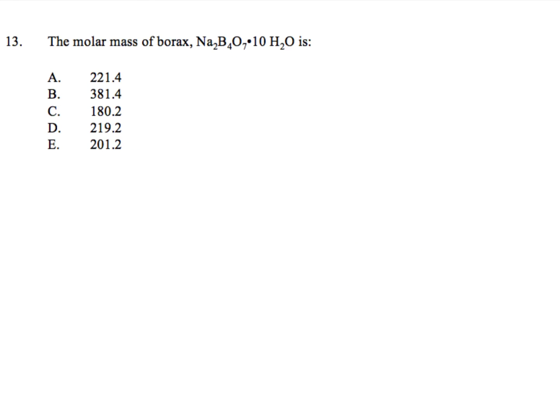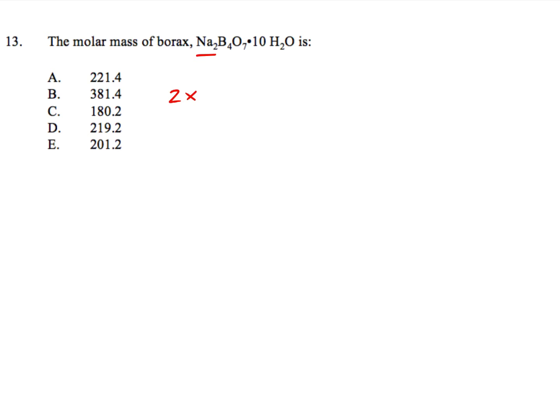All right, so this wants the molar mass of borax. So this you're going to use the number of atoms and the masses on the periodic table. So what we want to do here, let's just take this step by step and carefully. Okay, we'll start with the sodium. There's 2 of those.